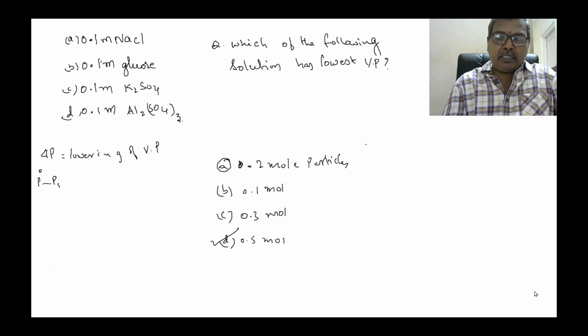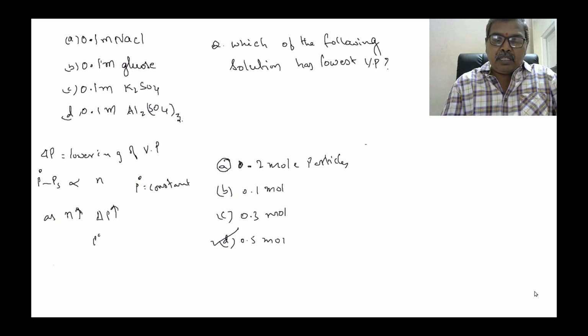P0 minus Ps is directly proportional to number of moles of solute. See, P0 is constant. This is vapor pressure of pure solvent. So, as n increases, delta P increases, P0 minus Ps increases.